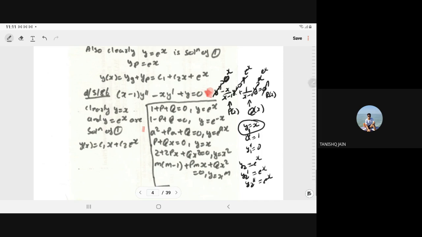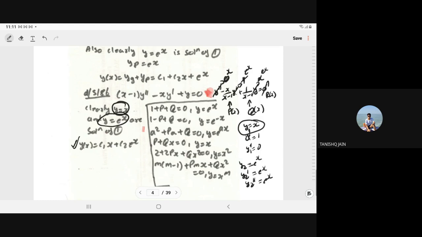It means y1 is equal to x and y2 is equal to e to power x are solutions of the first. So by theorem C, y is equal to c1 y1 plus c2 y2 will also be a solution of the 2.